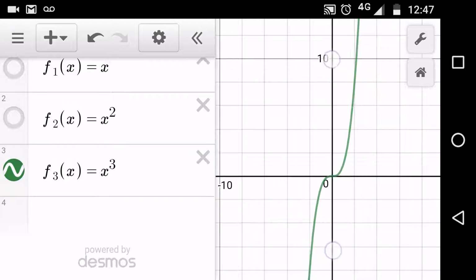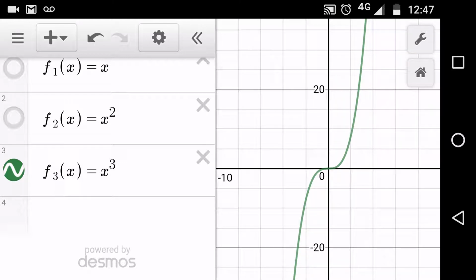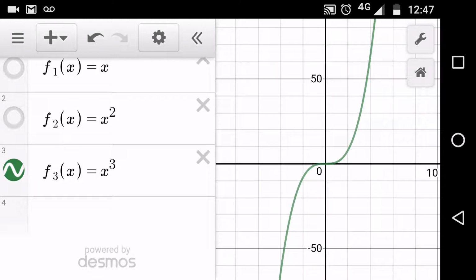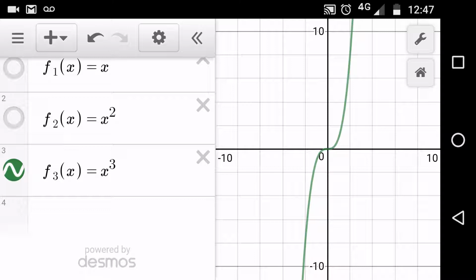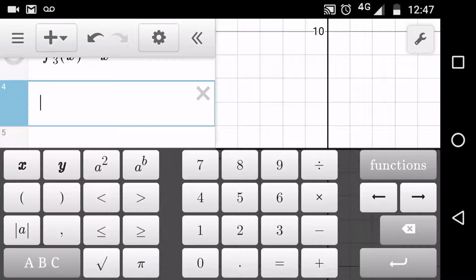If you reduce the y-axis so that it looks a little shorter vertically, then you can see that it's a cubic function. Let's go back to the original one because that's the actual shape of the cubic function. And let's just make it disappear. We'll continue with another much more interesting function.